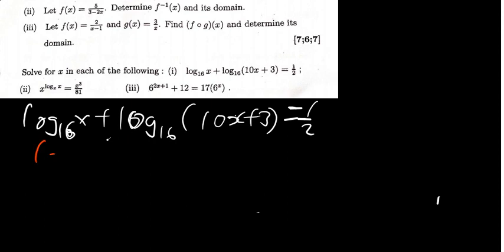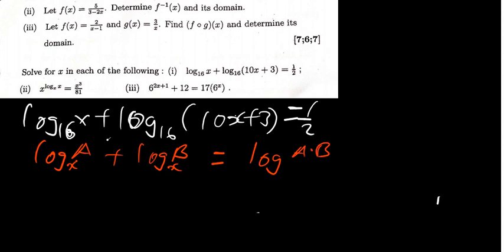If I have log base x of a plus log base x of b, the bases are the same, this is the same as log base x of a times b.